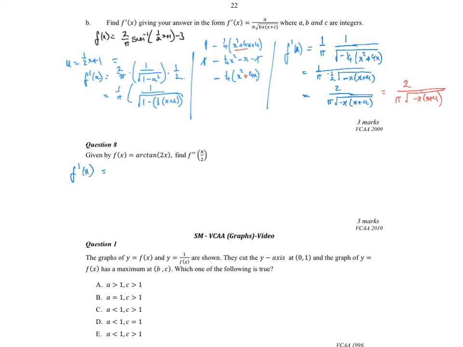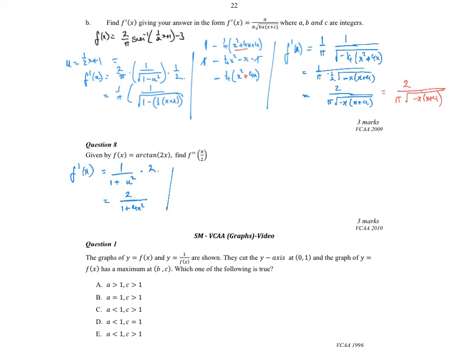If I put u equal to 2x, I get tan inverse of u, so I get 1 over 1 plus u squared times du dx, which is 2. So we end up with 2 over 1 plus 4x squared. So that's okay, so that's f dashed of x.